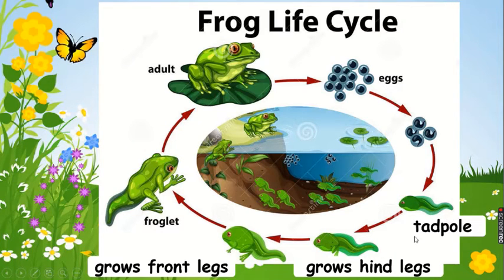And those tadpoles will grow hind legs. Hind legs means the legs at the back. And then they grow front legs. Shorter front legs. After a few days growing front legs, they turn into a froglet. Froglet. And then turn into an adult frog.